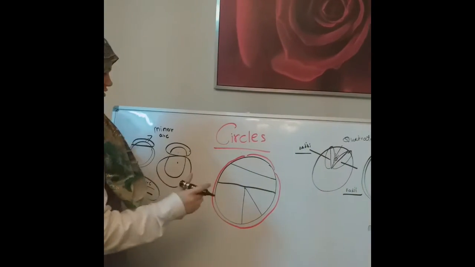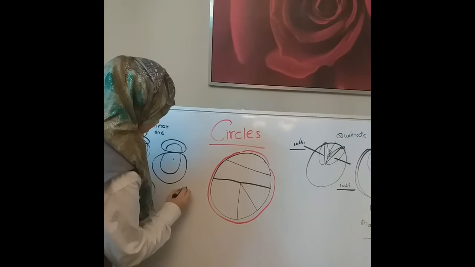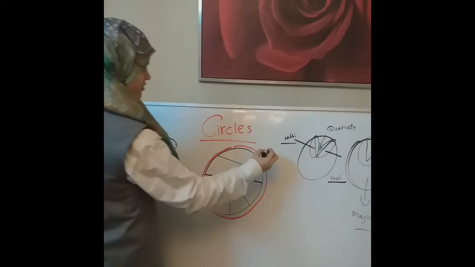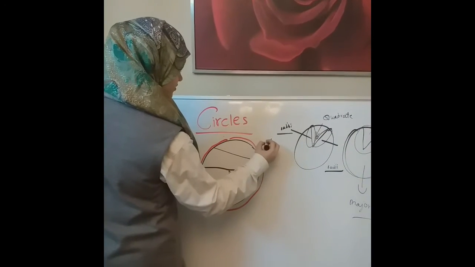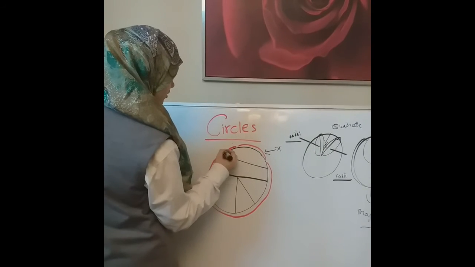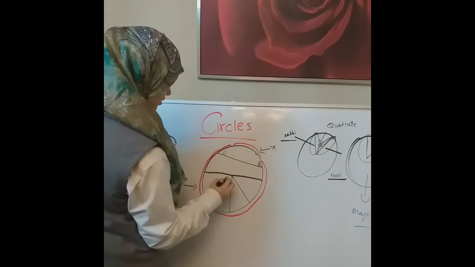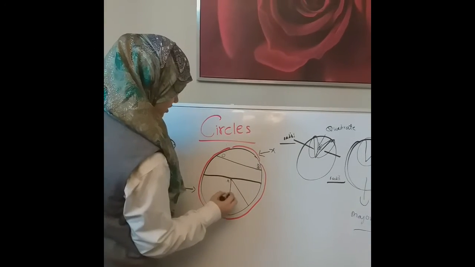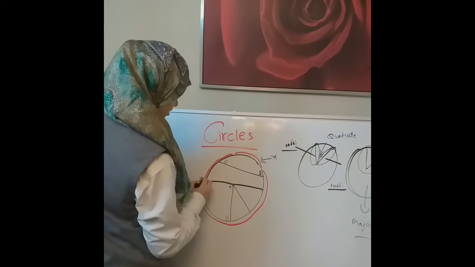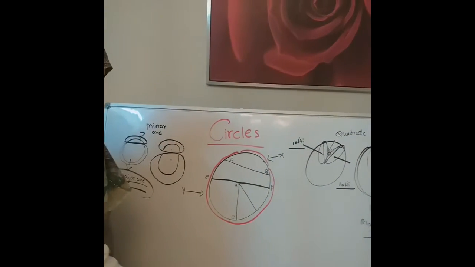So for this one it is Y, okay, and X for this one, or let us take D and B. Here A and C, E and F, okay?